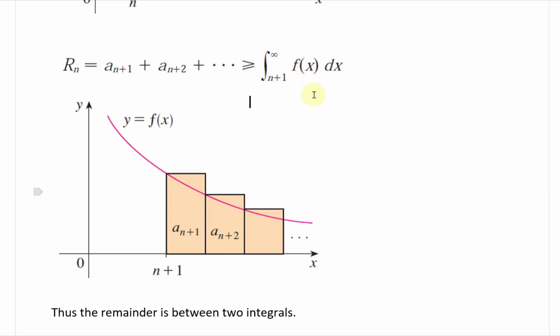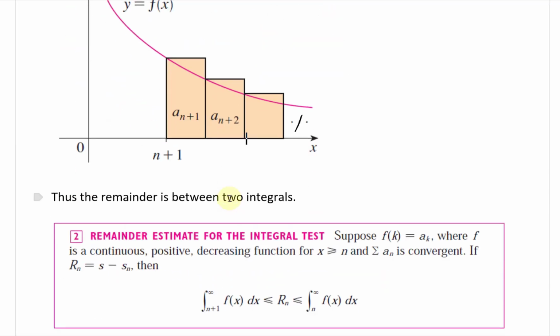You can see we're starting from here as opposed to previously when we started from here. Again, all the widths are just 1, so this a_{n+1} goes over here, and these are the extra gaps. So the integral is greater, because the integral is all of it below here, so you have that extra gap there.